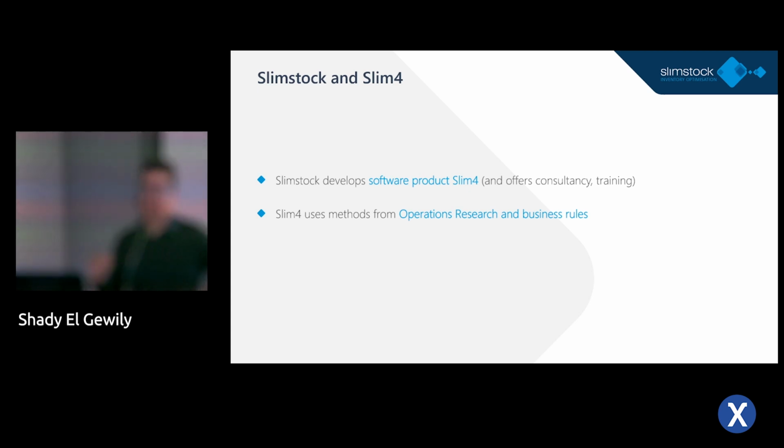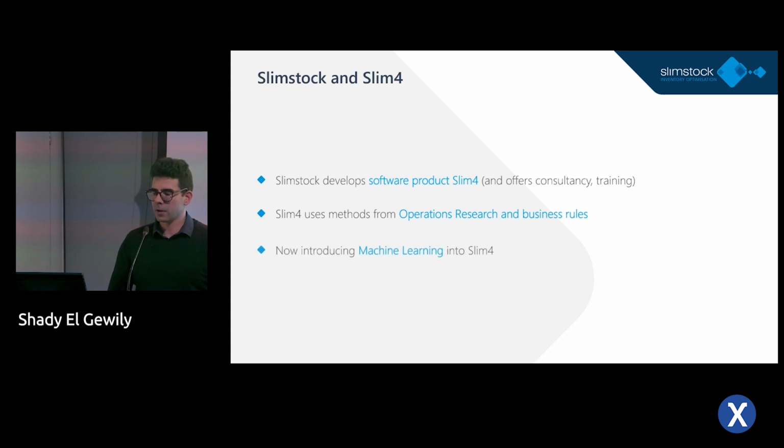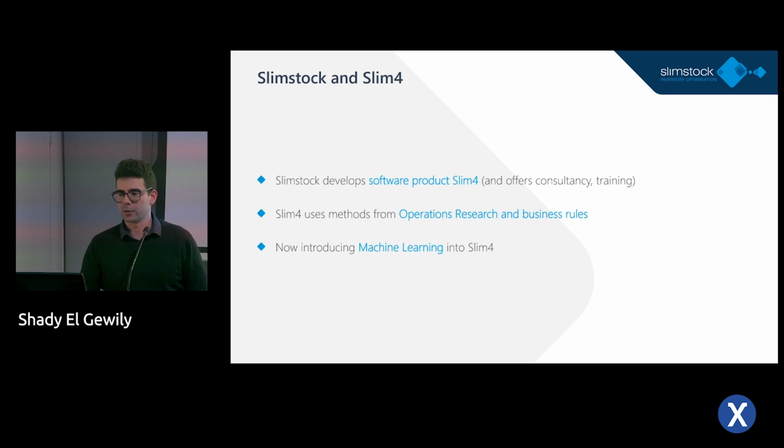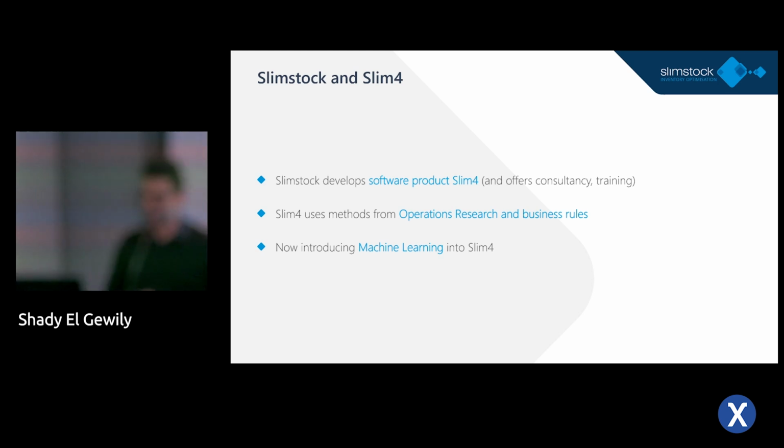So actually, when you buy our software, you also get the free training and masterclasses and so on. And it's basically based on methods from operations research. Some of you may know this field, but basically mathematical formulas to optimize future processes and business rules. But we are now introducing machine learning into Slim4, and that's where the research team came in.